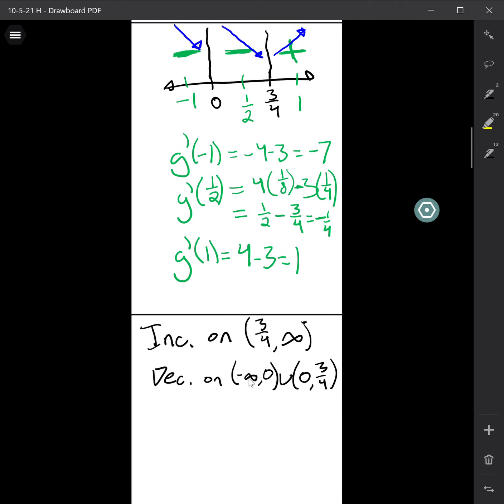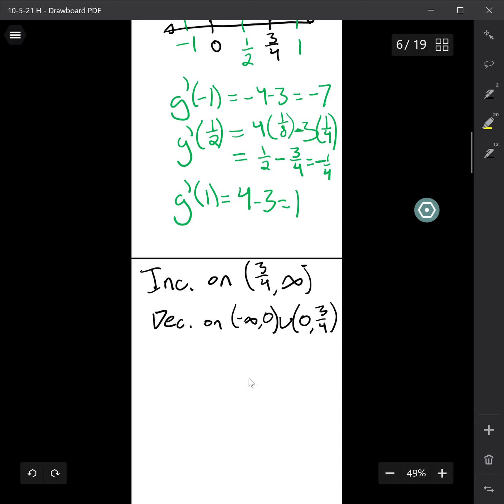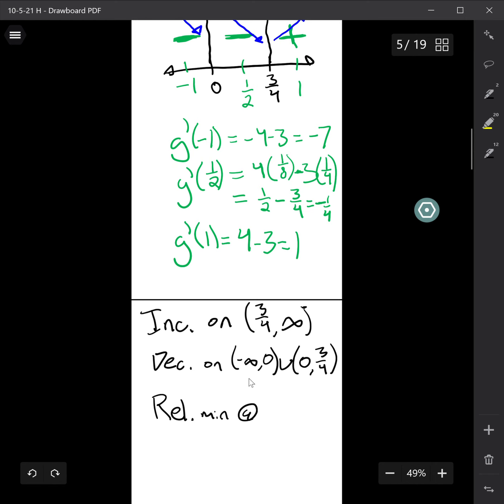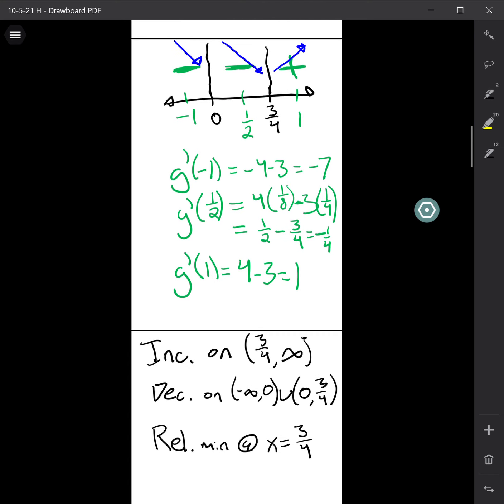Notice I do not have any relative maxima, and that's okay, right? I don't have a point where I'm going from increasing to decreasing. I do, though, have a relative min. In particular, we have a relative min at x equals 3/4. I go from decreasing to increasing.